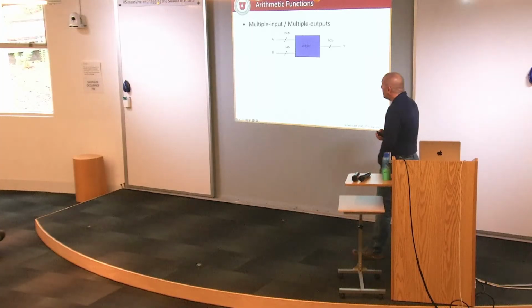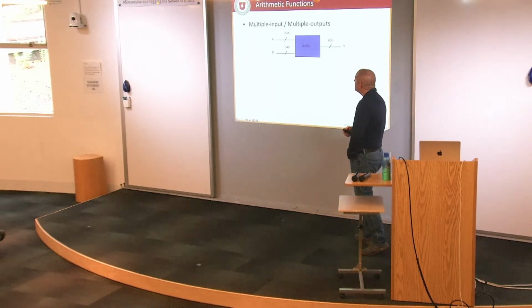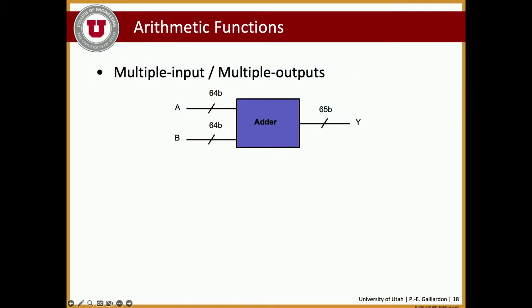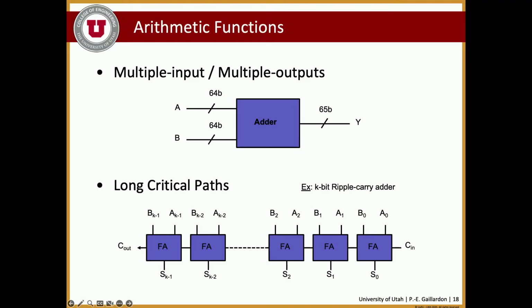So what is being done is that you're going to complexify further your routing and logic elements in order to support what will be your limiting factor in arithmetic functions. And this limiting factor comes from the very long critical path you will have in adder functions with the carry chains. If you think about an adder, you'll start with your carry input, and then it goes through a first stage, and it ripples through.